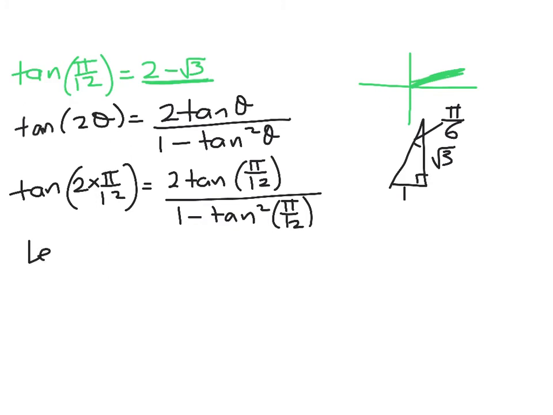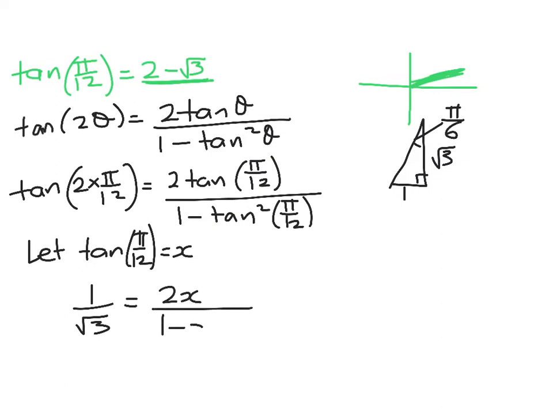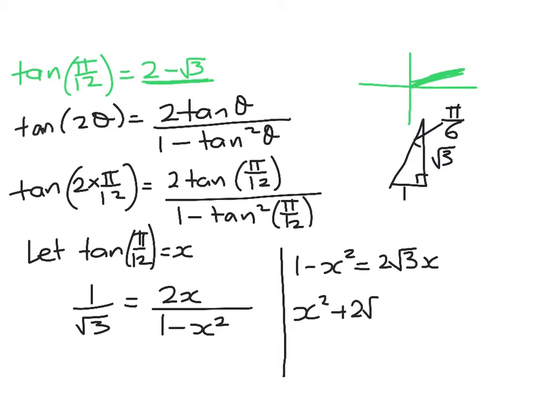So just to make this easier, let's let tan of pi on 12 equal x. So what have I got now? Well, I've got tan of pi on 6, so 1 on root 3 is equal to 2x over 1 minus x squared. Now, we've got a quadratic here that we want to solve. We're going to have 1 minus x squared is equal to 2 root 3 x. X squared plus 2 root 3 x.